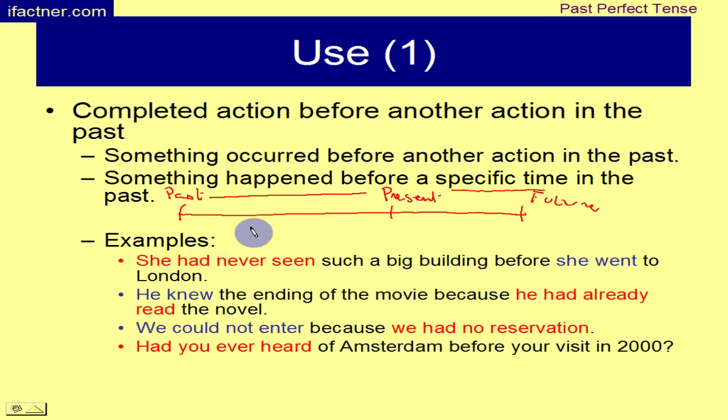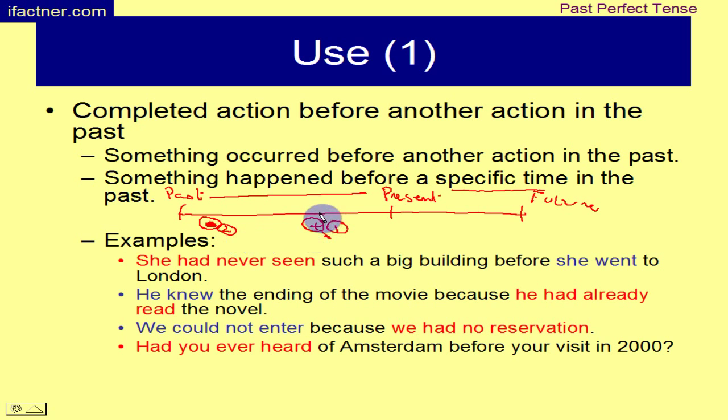So we use past perfect tense when something occurred in the past before another action in the past. This is a relatively newer action, and this is relatively an older action that occurred before this action number 1. So action number 2 will be represented in past perfect tense.